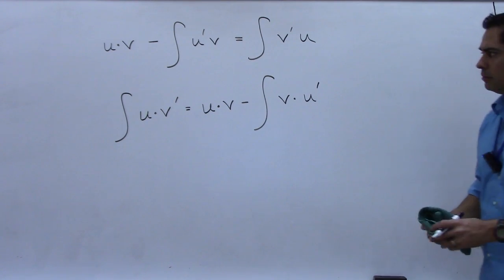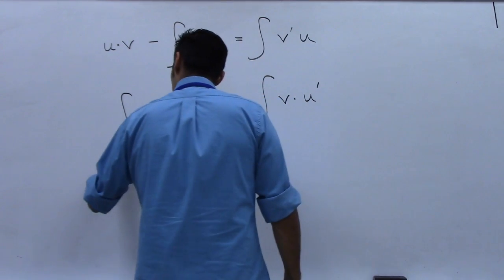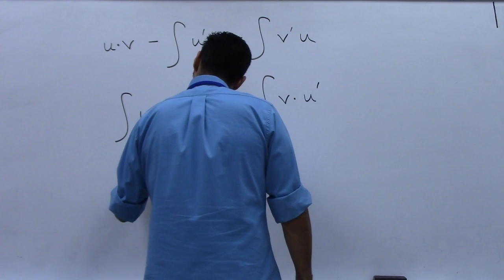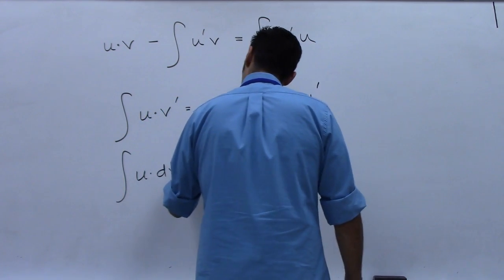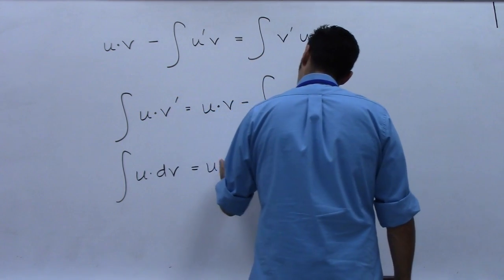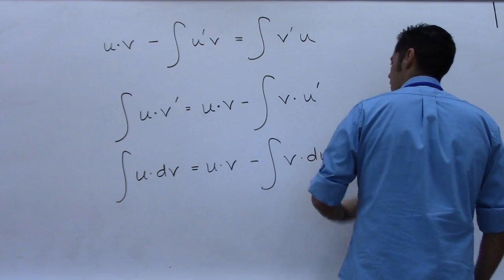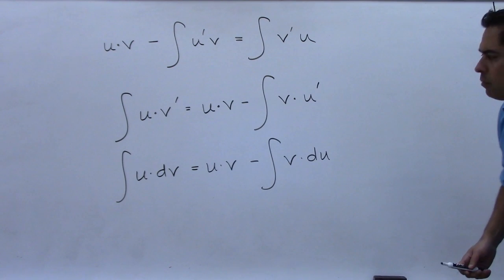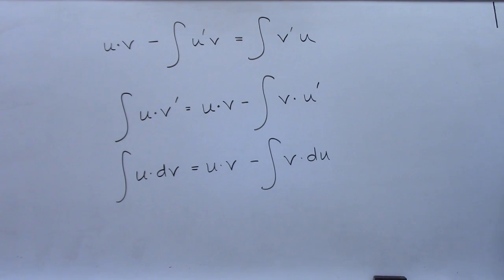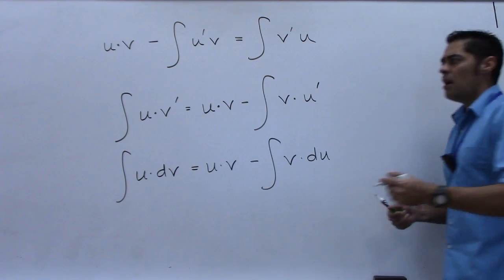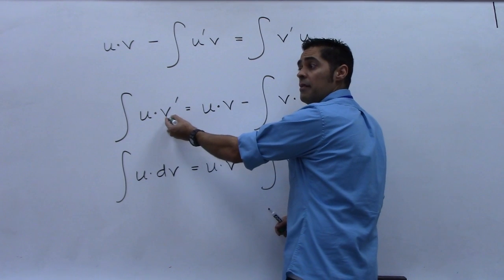We're almost there. The only thing I did here was a slight change in notation. Instead of writing v prime, which meant the derivative of v, right?